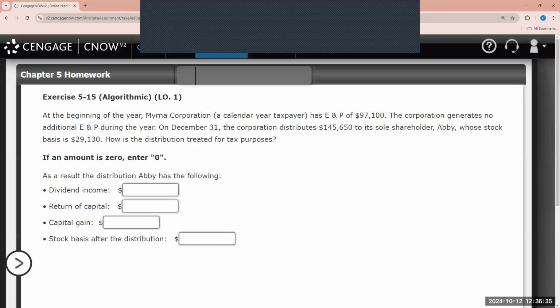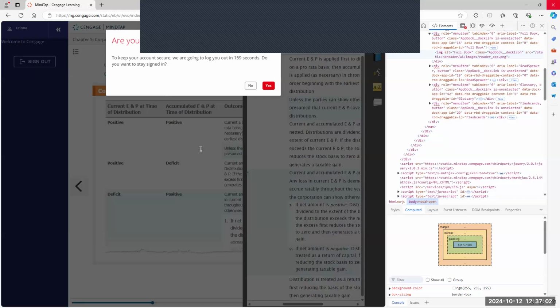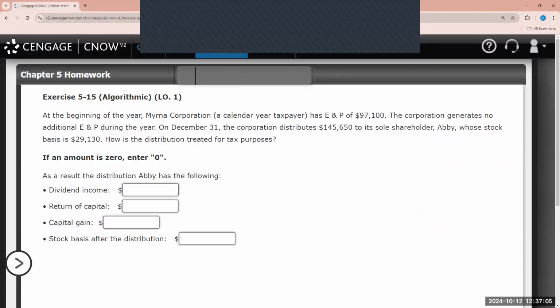The corporation generates no additional E&P during the year, and on December 31st, the corporation distributes $50,000 to its sole shareholder, Abby, whose stock basis is $10,000. How is the distribution treated for tax purposes? So considering this fact pattern, we ultimately need to determine how much is going to be taxed as a dividend versus being taxed as return of capital, etc.